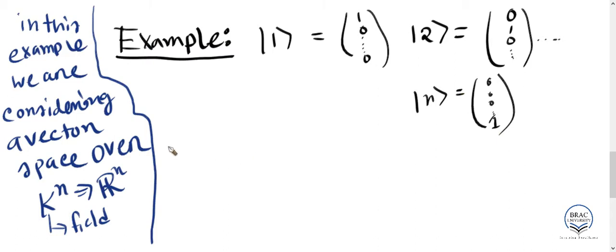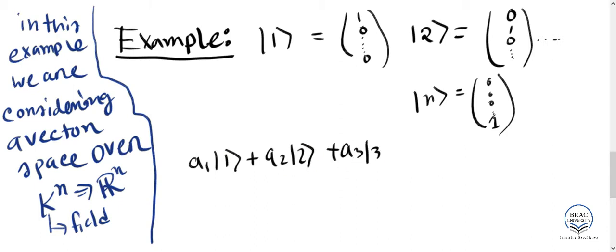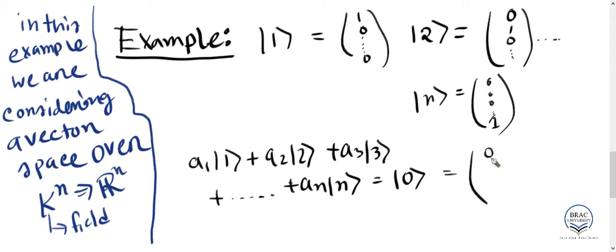So now let's consider the linear combinations, that is a1 v1 + a2 v2 + a3 v3 and so on plus an vn, which equals the null vector. And this null vector we can represent as a column, and it will have n number of zeros.